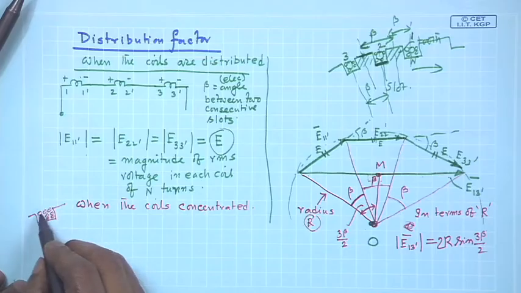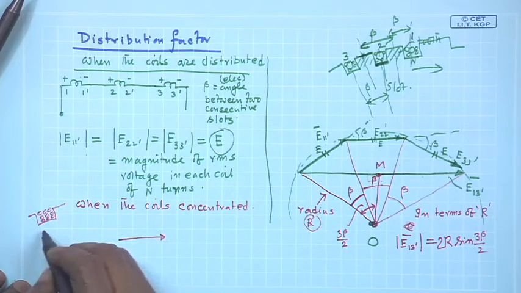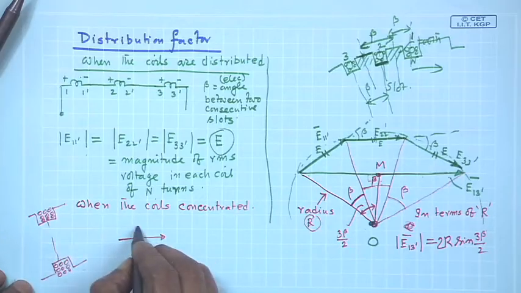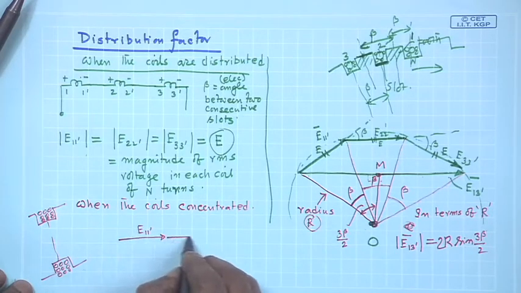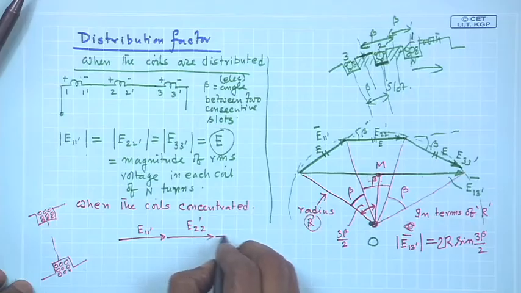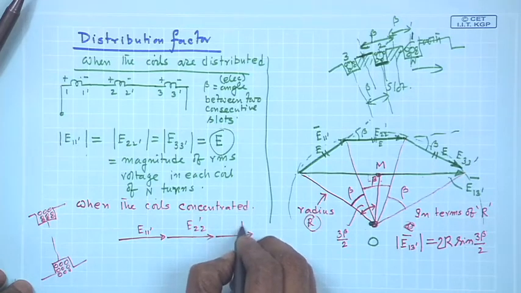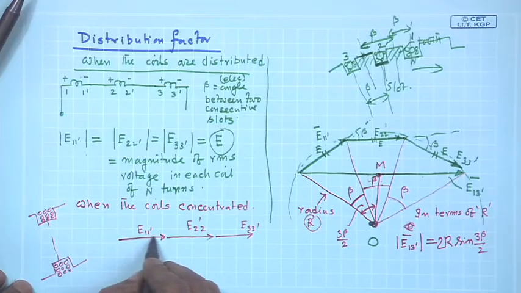So, individually if this is 1 dashed, they are diametrically opposite. If this is 1 dashed, this is 2 dashed, they are co-phasal now, and this is 3 dashed. What will be this voltage?